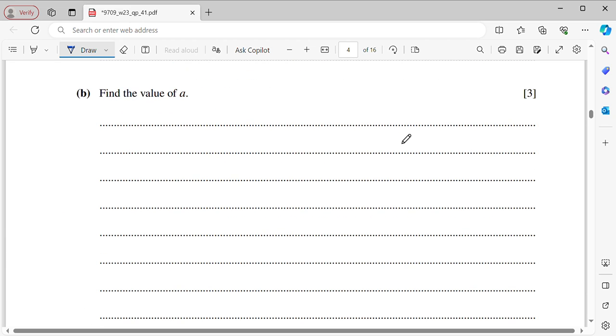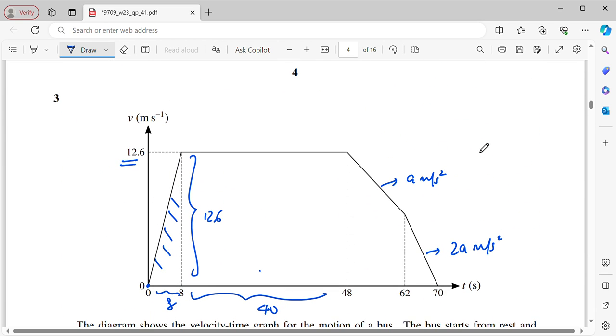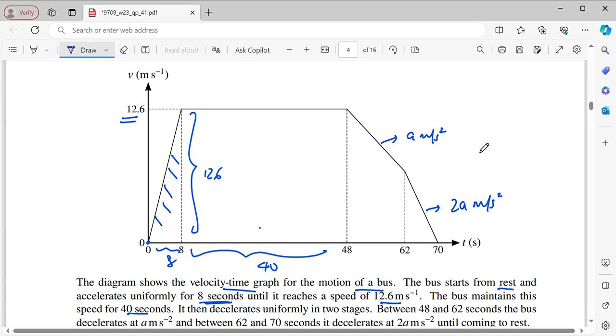Now B, find the value of a. When you consider in general, this is 12.6. Now I will consider up to t equals 70, so this is a u and this is a v equals to 0.